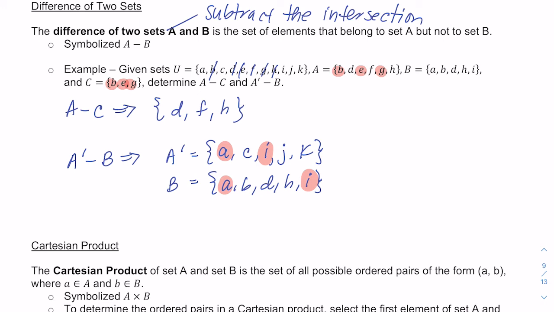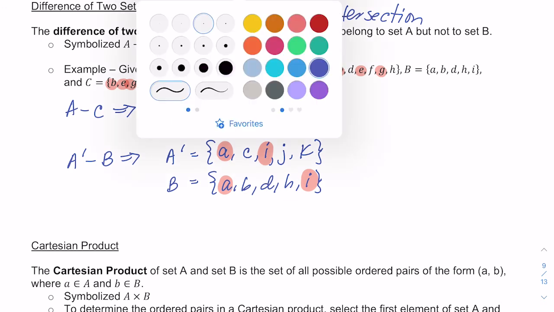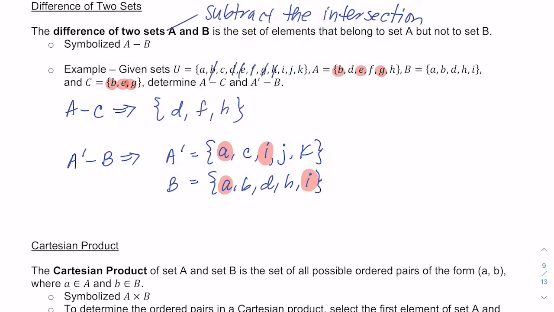So I want the elements that are in set A prime or A complement that are not in B. So here I'm just going to use C, J, and K.